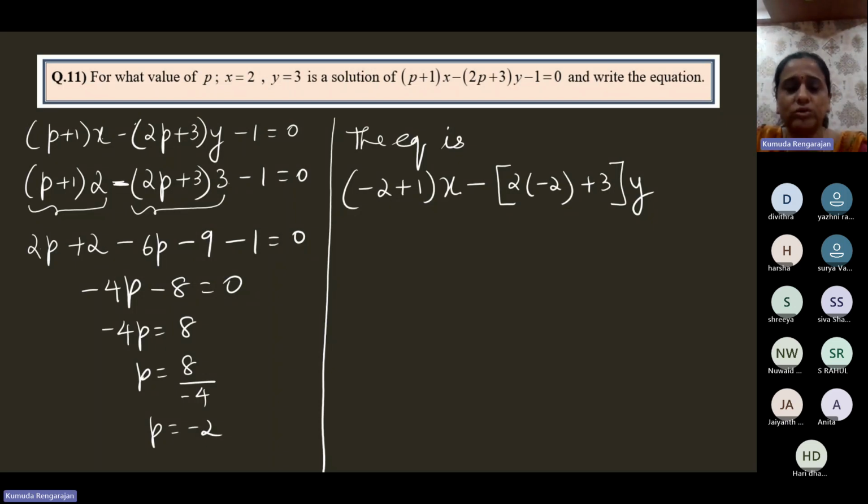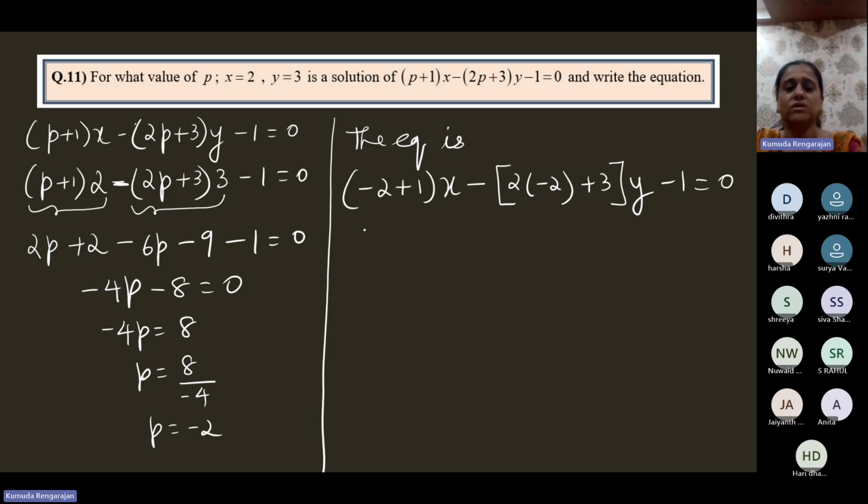Here you should not put the x value and y value. The equation should have x and y in it. What's the value of p? Minus 2. So instead of p, minus 2. So minus 2 plus 1 of x, minus 2 into minus 2, because 2 into p, 2p, plus 3 of y minus 1 is equal to 0.